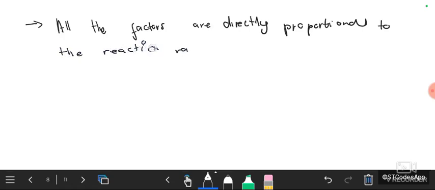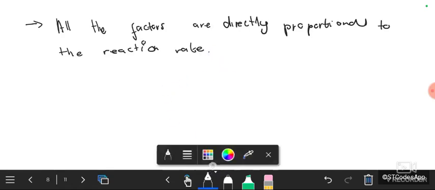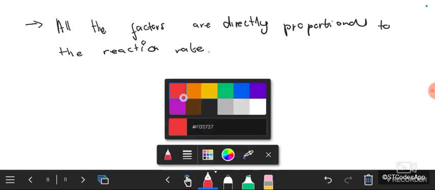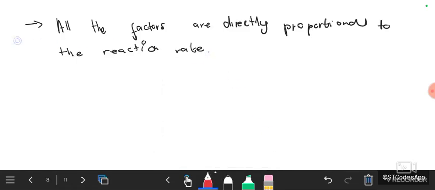Why am I not writing reaction, guys? Reaction rate. What do I mean? Let me change color over here so I can tell you something very quickly. Now, all the factors are directly proportional to the reaction rate.